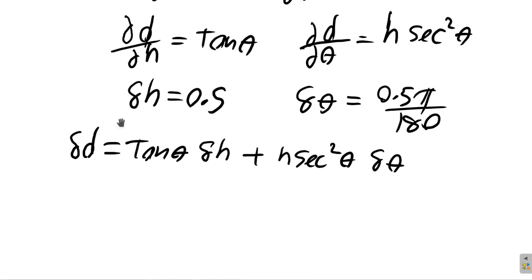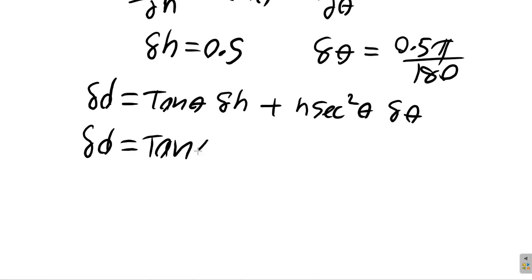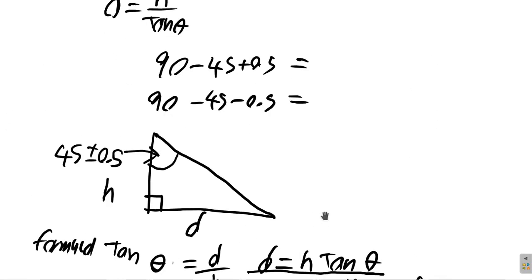Let's put in all the numbers now. So that small change in d is equal to tan of 45, but let's use radians, 45 pi over 180 radians, times the small change in h. Hold on. The small change in h is what?